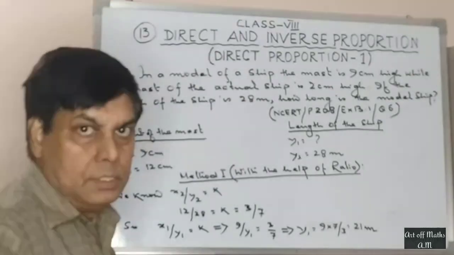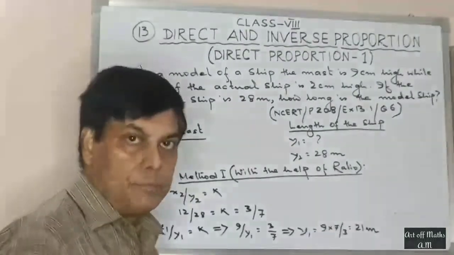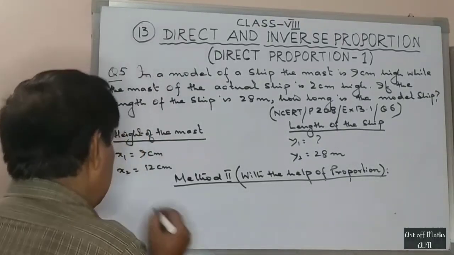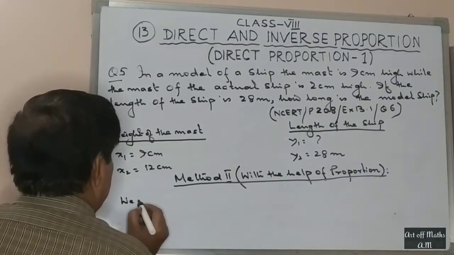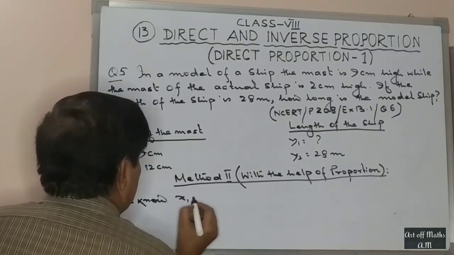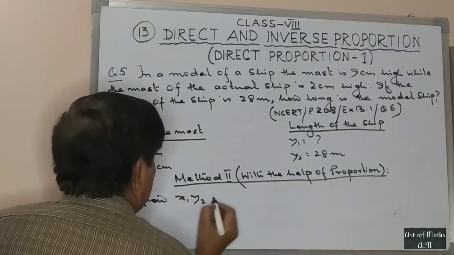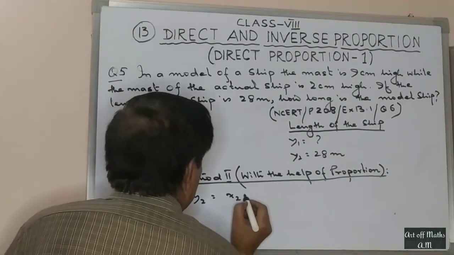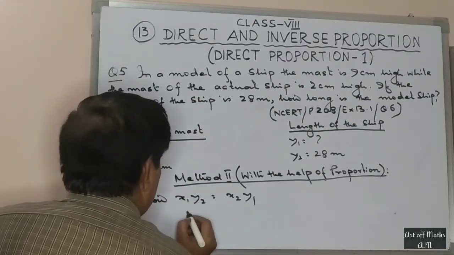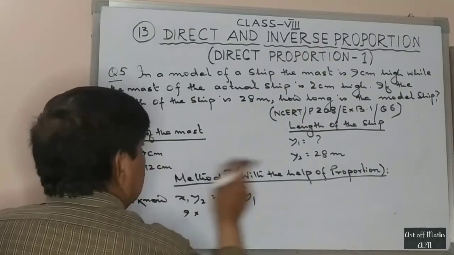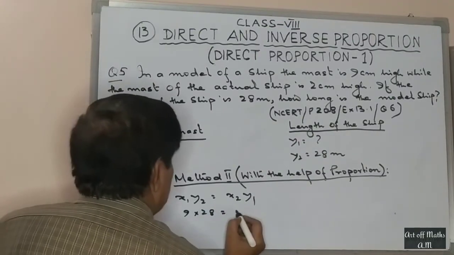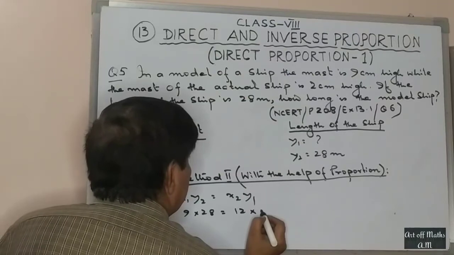Now coming to the second method, with the help of proportion. With this method we know x1 y2 equal to x2 y1. Here x1 is 9 into y2 28 equal to x2 12 into y1.